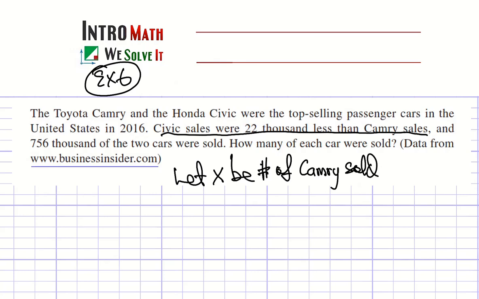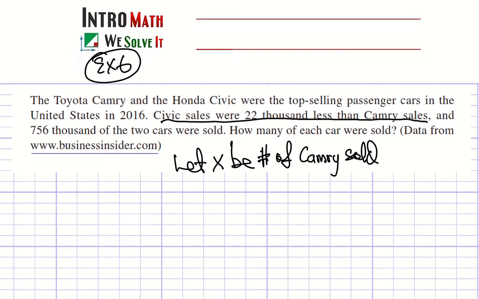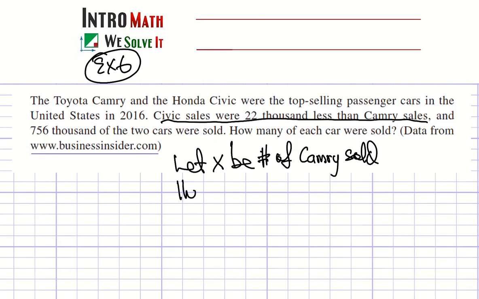So that has to be because of what it's giving us. The given says Honda Civic has 22,000 less than what Toyota sold. So we'll have to let Toyota represent the first variable, and then after that they will say x minus 22. These things are in thousands though. x minus 22 is the number of Civic sold.